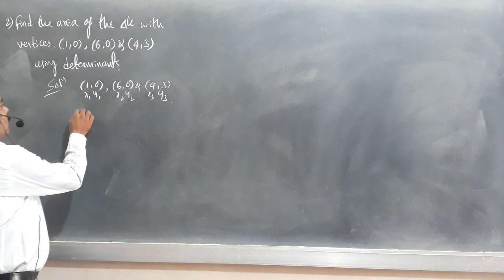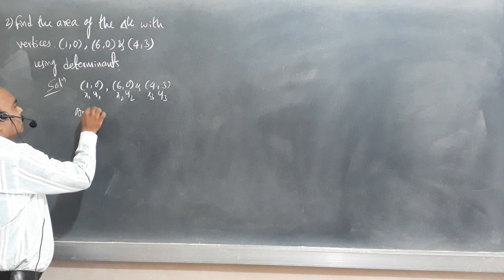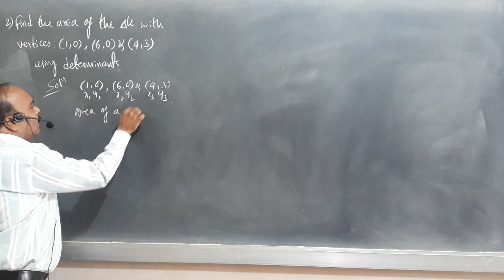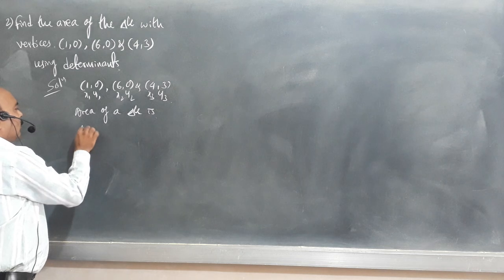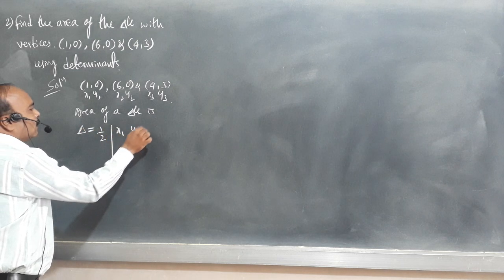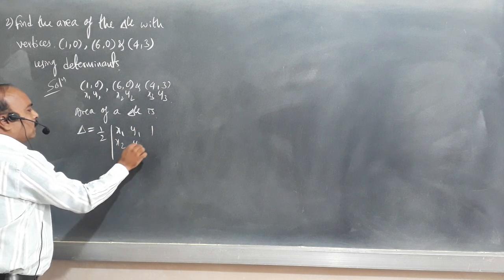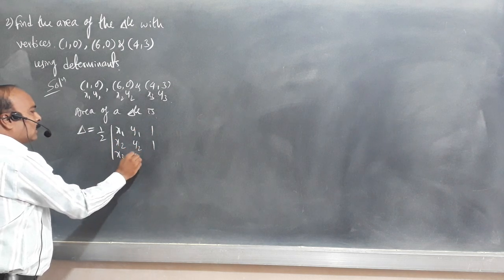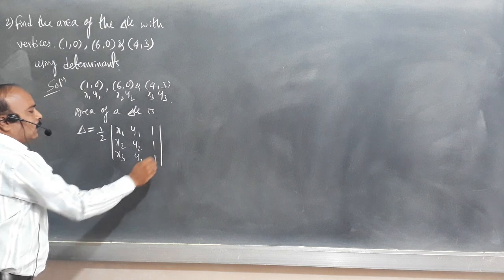Now the area of a triangle is given by delta equal to 1 by 2 times the determinant x1 y1 1, x2 y2 1, x3 y3 1.